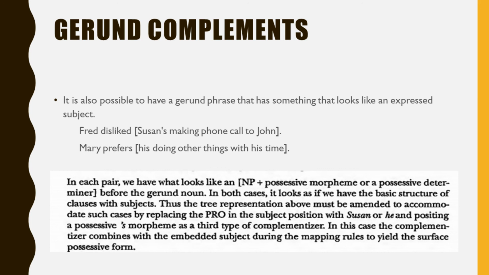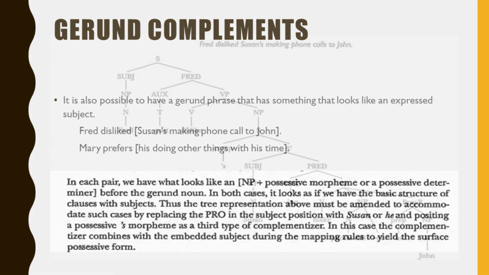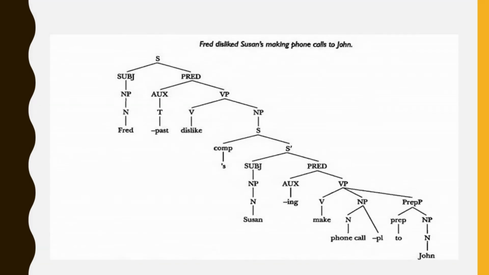Thus, the tree representation in a previous slide must be amended to accommodate such cases by replacing the PRO in the subject position with Susan or he and positing a possessive apostrophe s morpheme as a third type of complementizer. As you can see, the PRO in the previous tree structure had been replaced by a complementizer apostrophe s under the sentence in the noun phrase and verb phrase category.